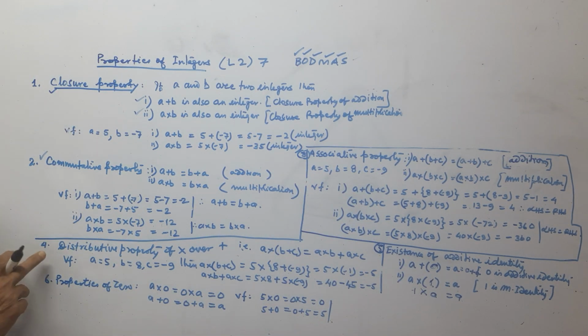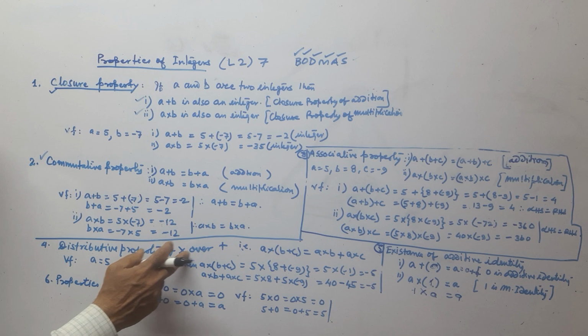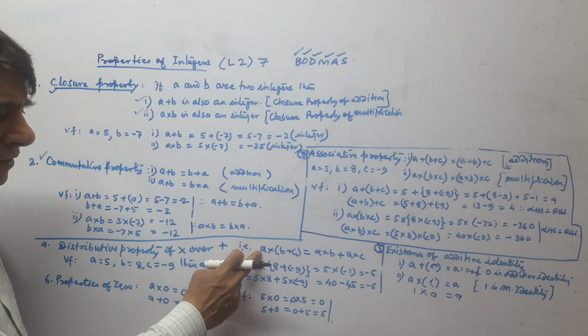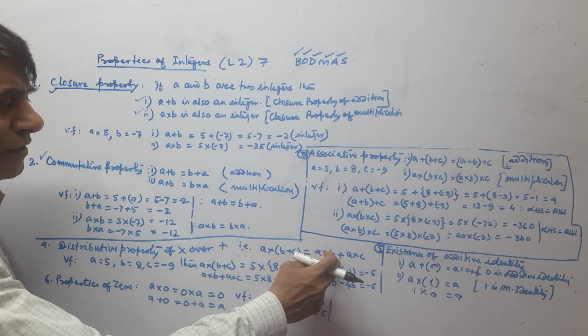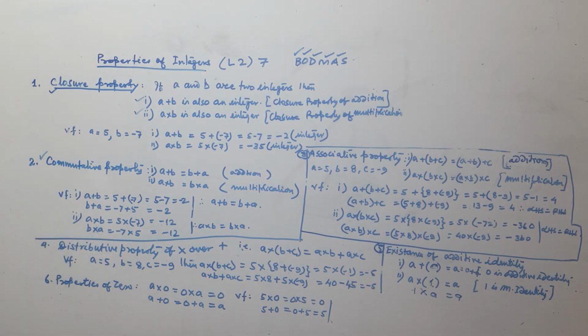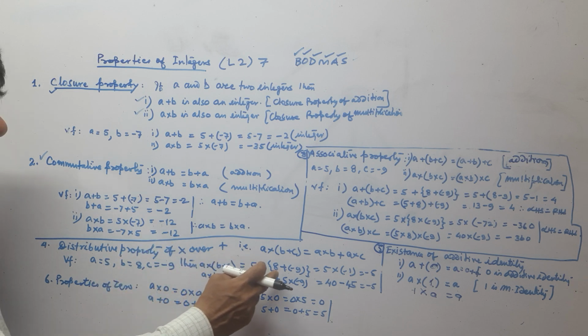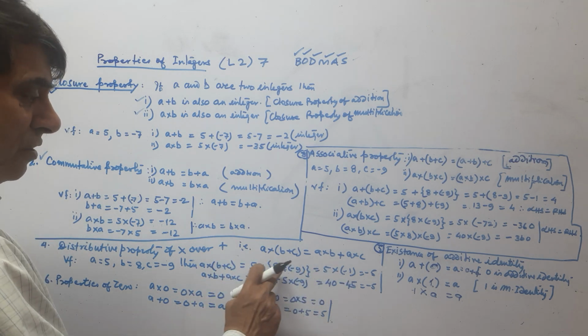Okay. Now come to property 4. Property 4 is very important. Distributive property of multiplication over addition. So what is this? a into b plus c is equal to a into b plus a into c. Now see, a is equal to 5, b is equal to 8, c is equal to minus 9. Then a into b plus c is equal to 5 into 8 plus minus 9. And this is 5 into brackets.